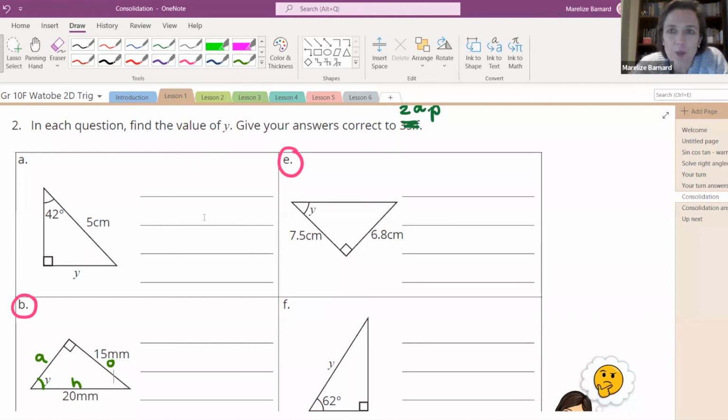Right, let's post some answers in the chat. If you've got an answer for question B, put it in the chat, and the same for question E. Lunello, make sure we are finding an angle, okay?